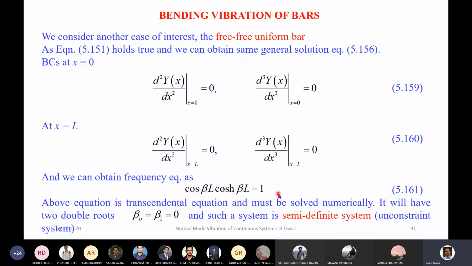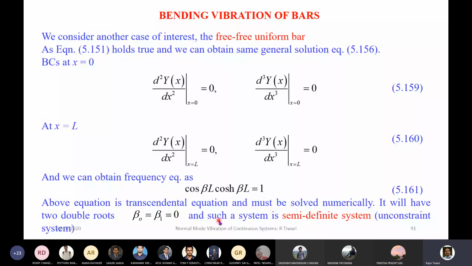Here, because we have a free case, this is basically a semi-definite system, an unconstrained system. So here beta 0 and beta 1, those also will be natural frequencies of the system. So there will be two 0 roots, and corresponding mode shapes we'll see how they will be.